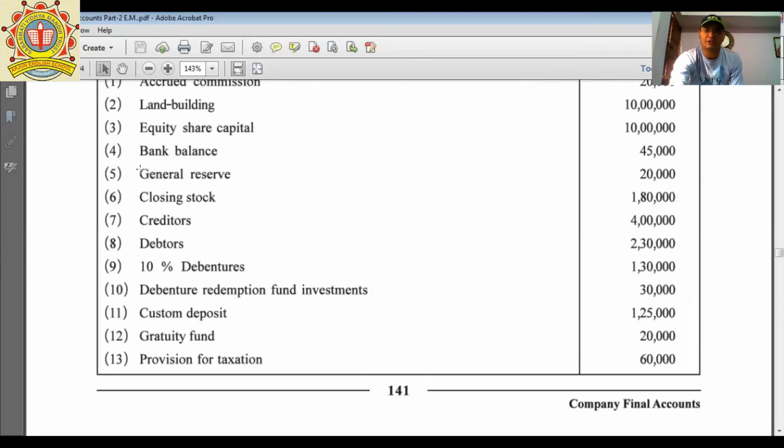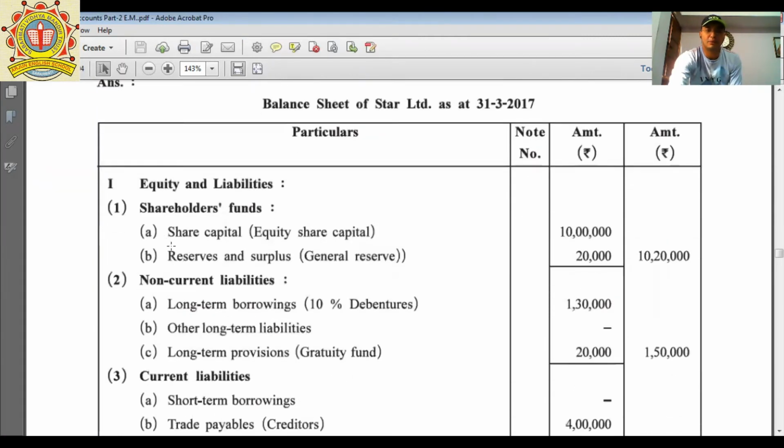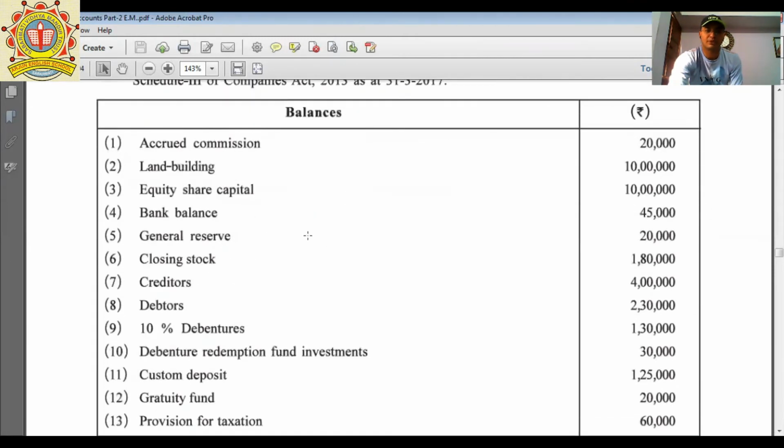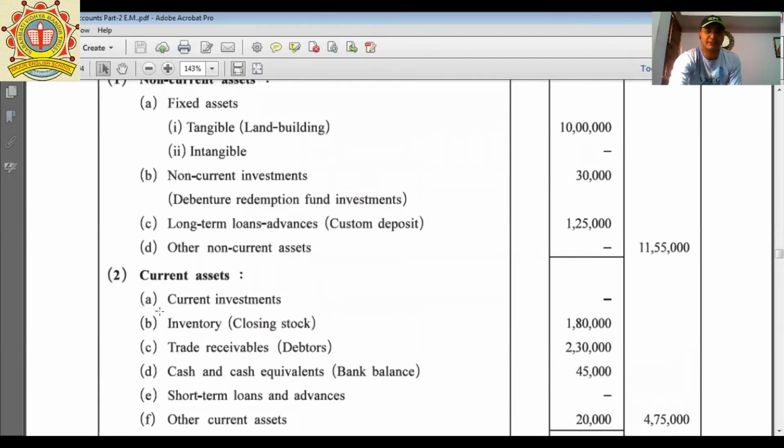Next one, general reserve. Whenever the word reserve is used, we have to assume it is a part of reserves and surplus. Under the liability side, shareholders' funds, reserves and surplus amounting to rupees 20,000. Next one, closing stock. Closing stock is a part of current assets, inventory.